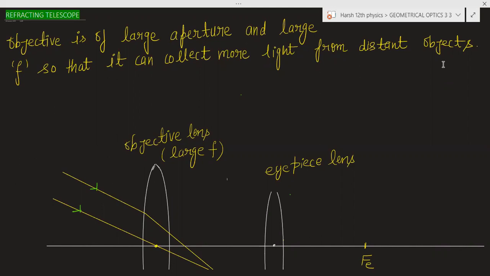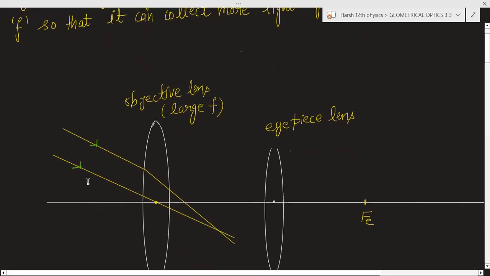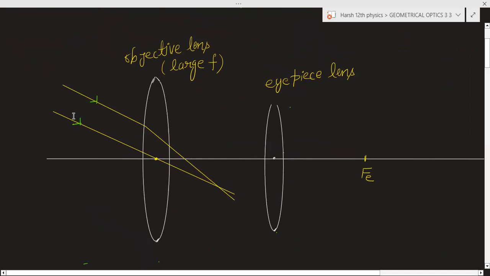And we know that the objects that we want to see, like the moon and stars, are very, very far from us. So we will consider those objects at infinity, and we know that if an object is at infinity, then rays from that object are parallel. These are the parallel rays from the object that we want to see.